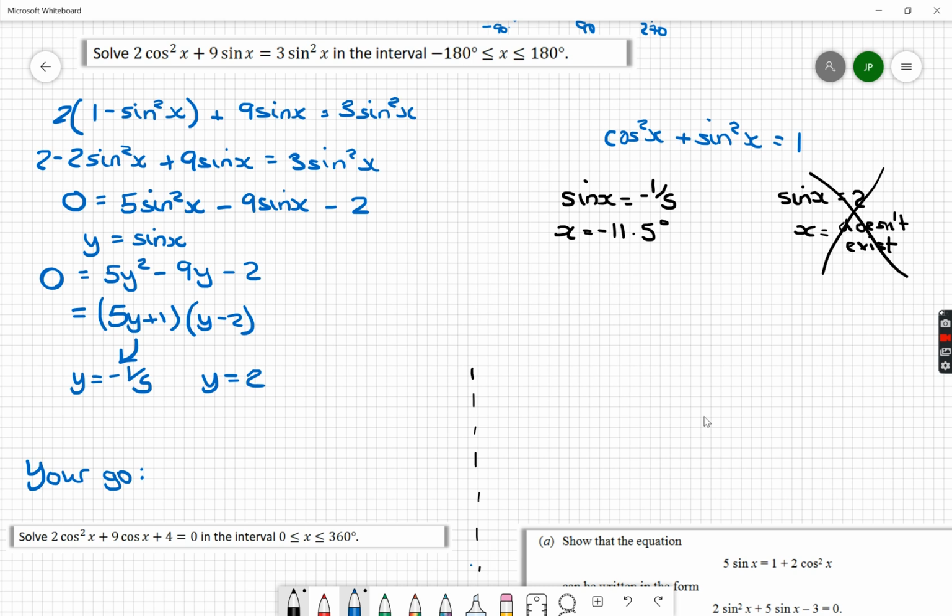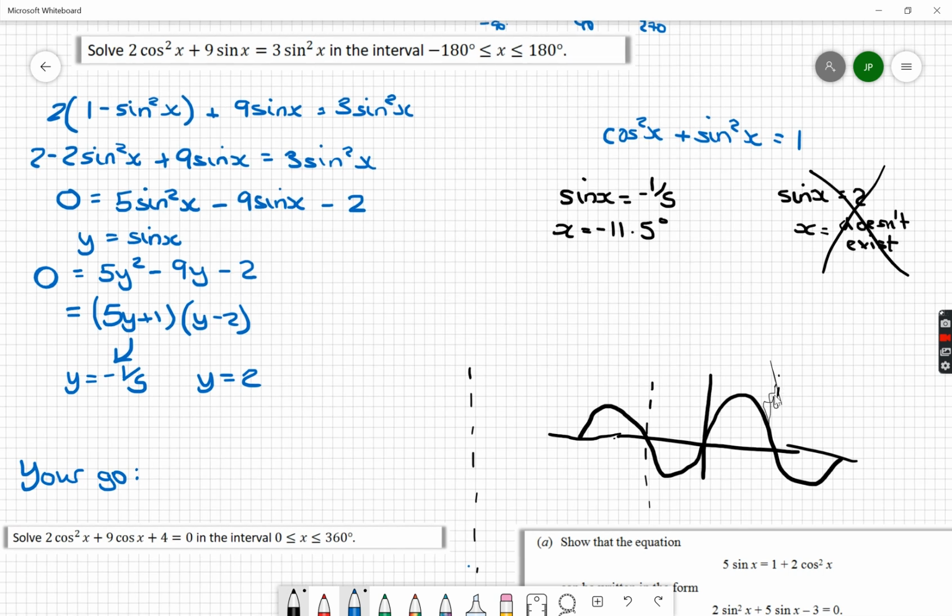Now I'm looking at between minus 180 and 180. So if I think about my sine graph, sometimes it's easier to do the whole one on one side, and we'll go back the other way. Between minus 180 and 180, I am looking at between those points there. I've got a first value down here at minus 11.5 degrees.